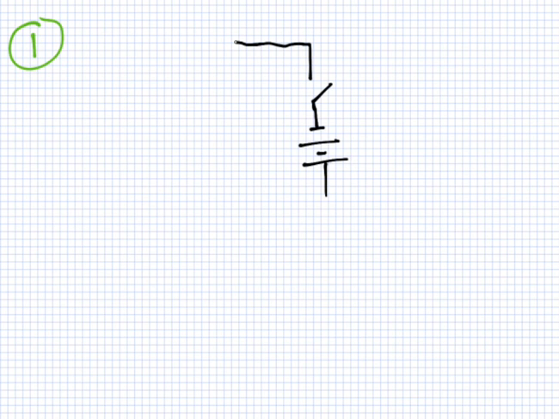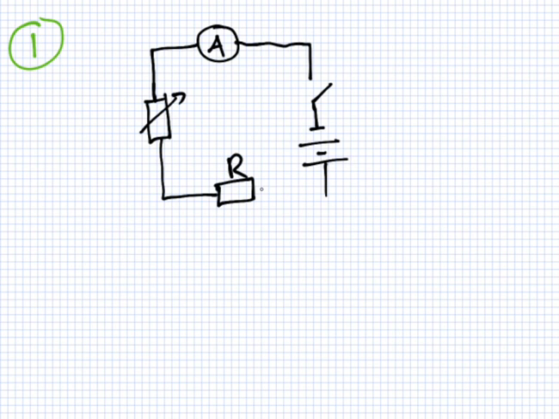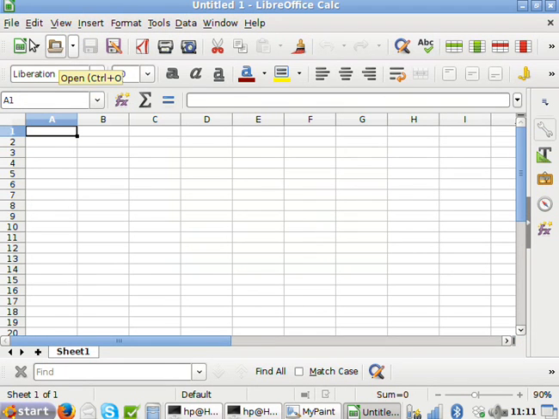So it's like this: battery or cell, switch, ammeter, variable resistor, resistance, and finally voltmeter.